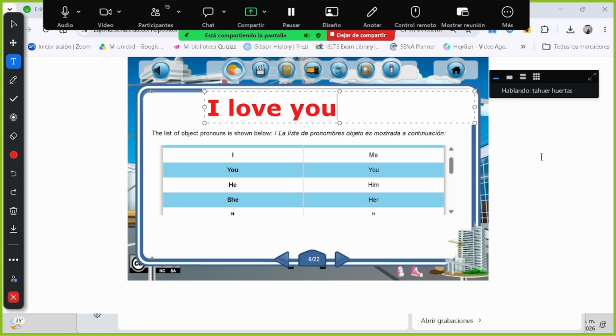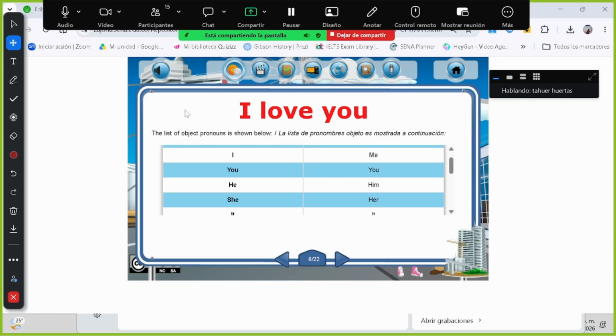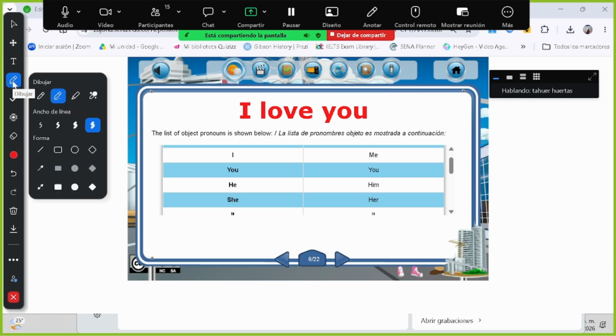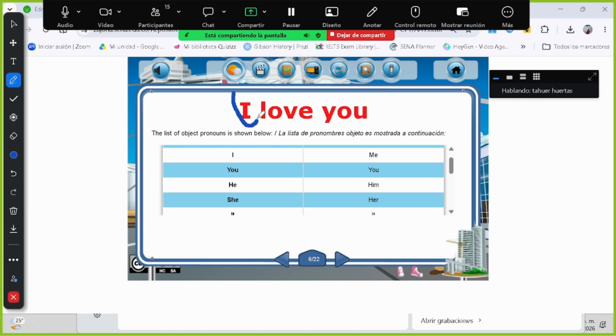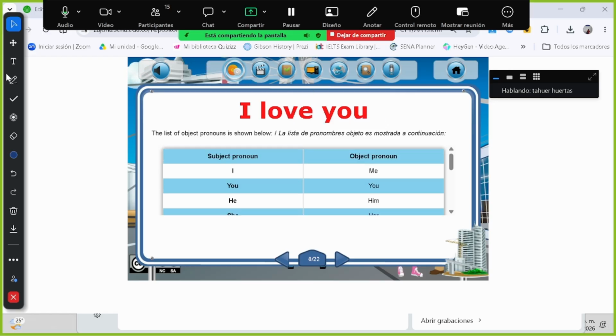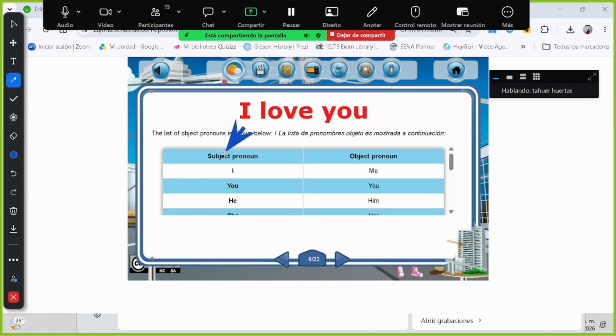I love you. Yeah. Te quiero. Te amo. Here we have one word, two words, and three words. I love you. Here in this part we have I is the subject pronoun.